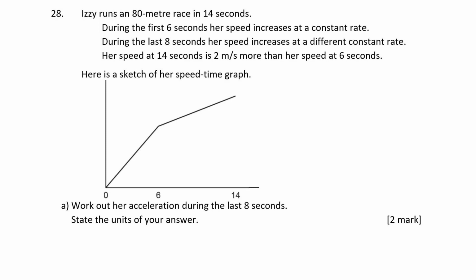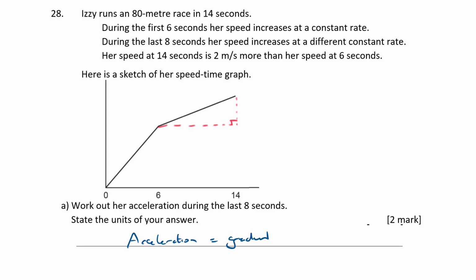Okay. Now the last 8 seconds is, well, it's the time from 6 to 14, isn't it? That's 8 seconds long. So we're talking about this section of the graph here. And acceleration is equivalent to the gradient on a speed time graph. So acceleration equals gradient at that point.